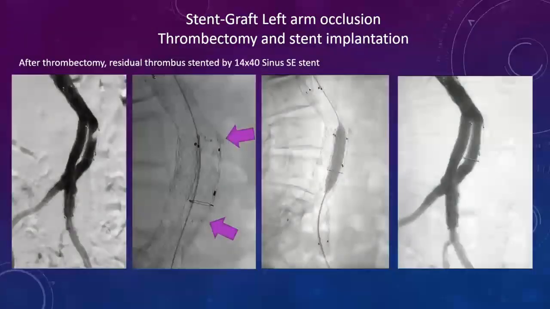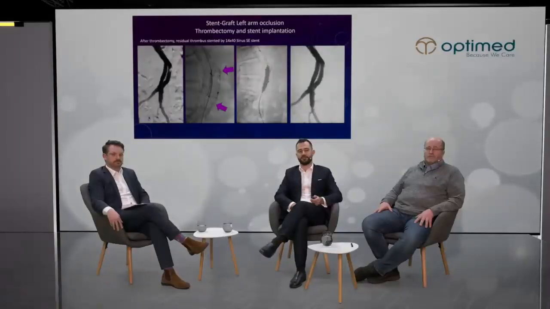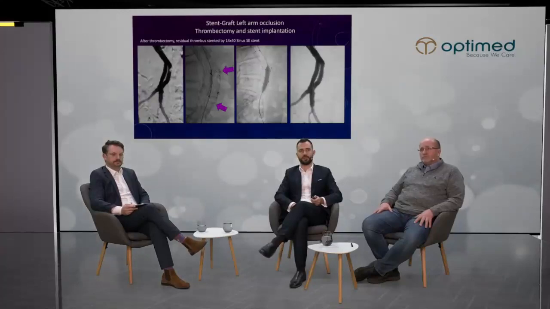After the aspiration, we were able to clean up the left limb of the bypass, but you can see sometimes, usually at the top of the lesion, you have some thrombus or more fibrotic tissue. Then you can use a stent to cover it, to save the procedure and open up the left limb.